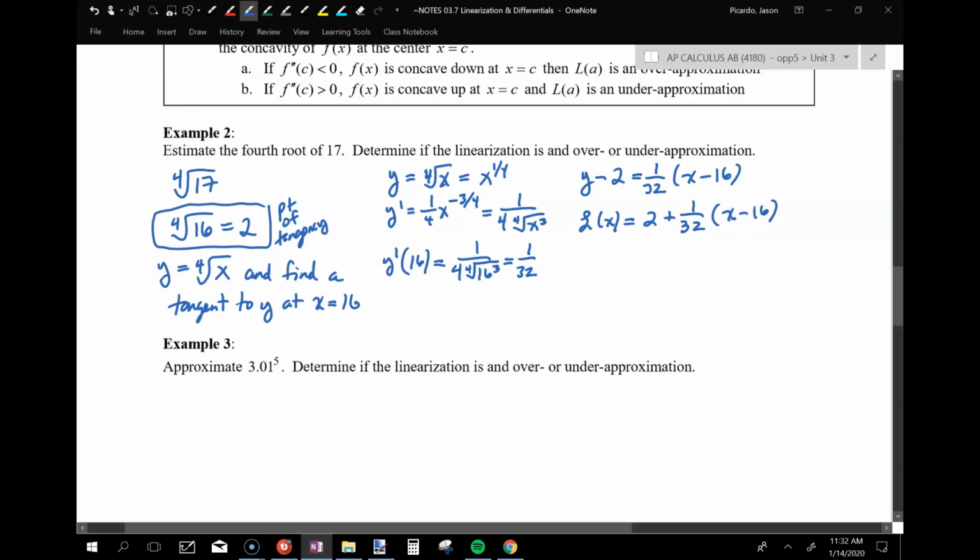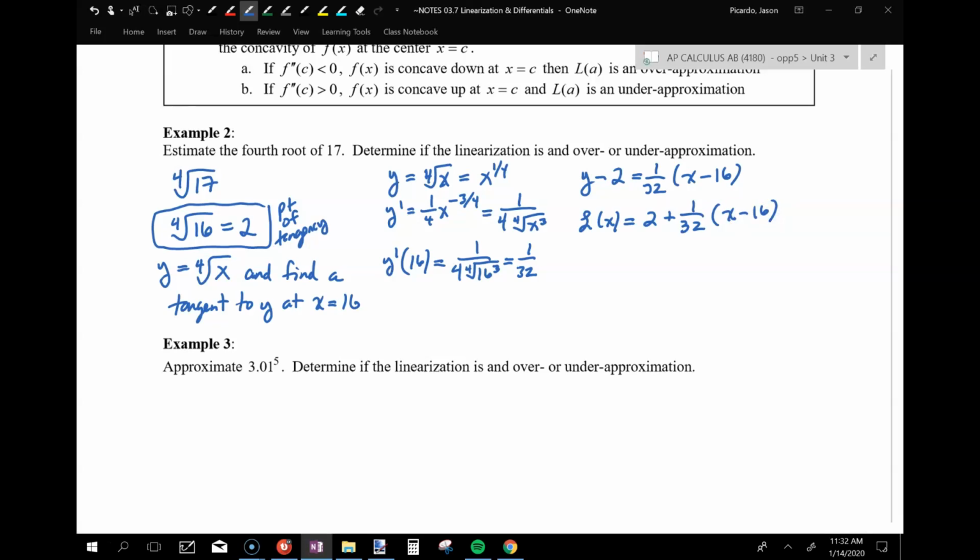So I have that. It's my linearized function, right, at that particular point of 16, right?